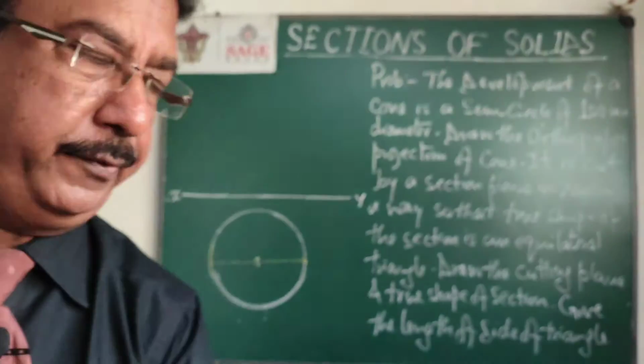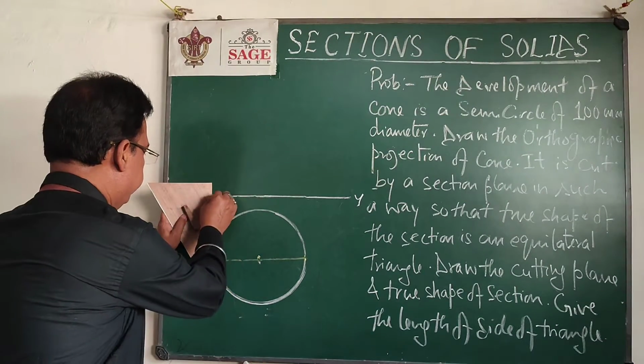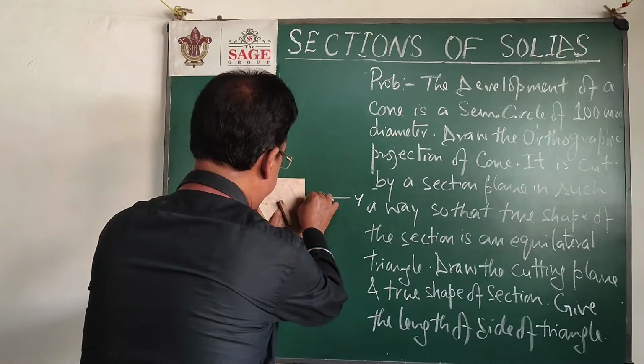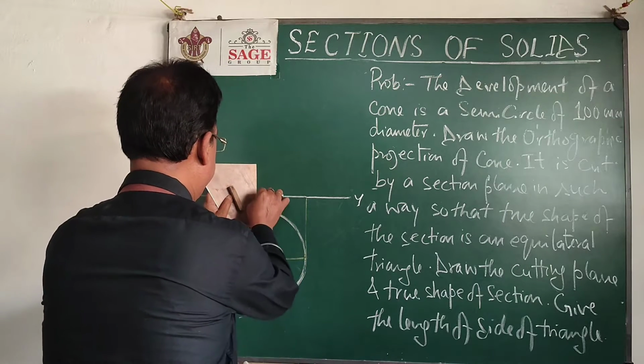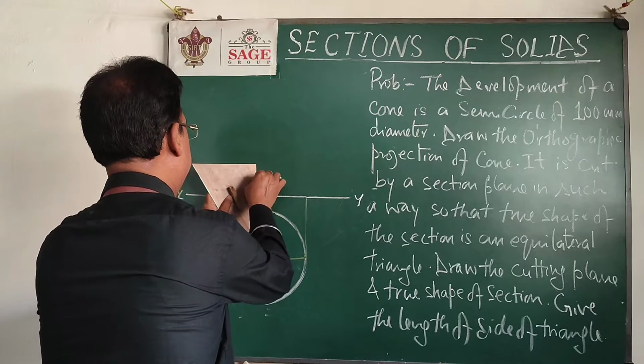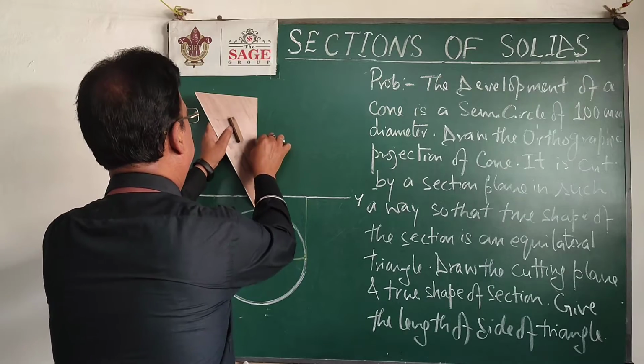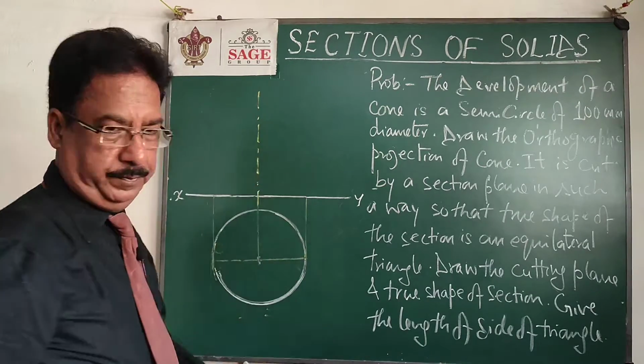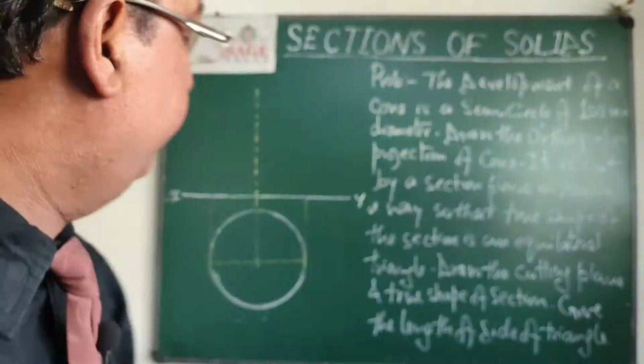Now draw its front view, go upside, and you can easily get its front view.